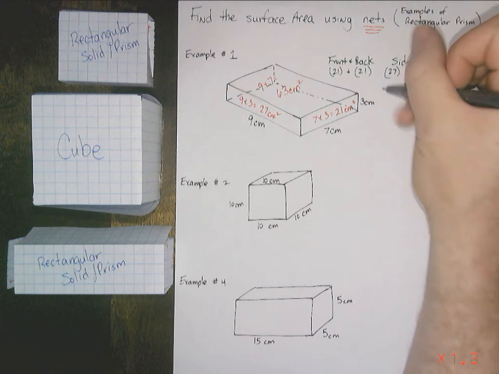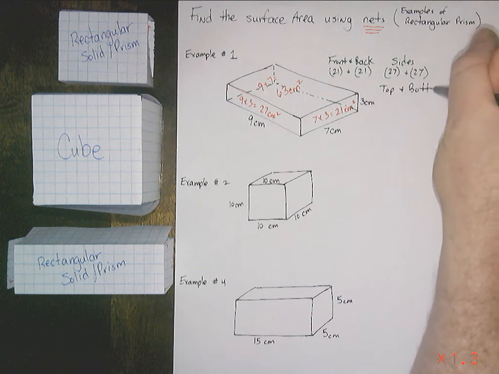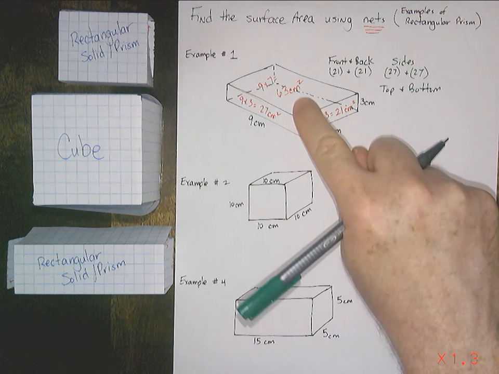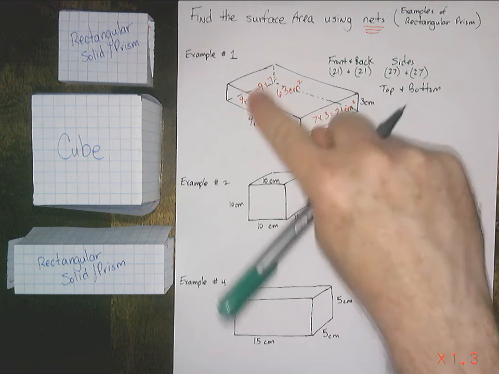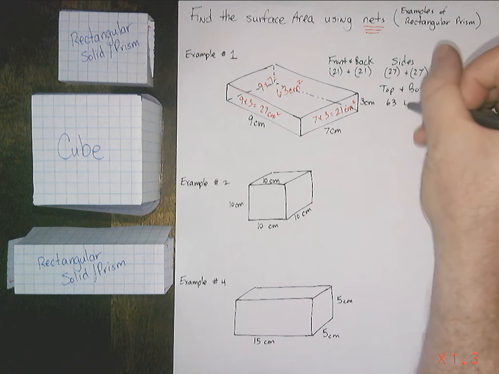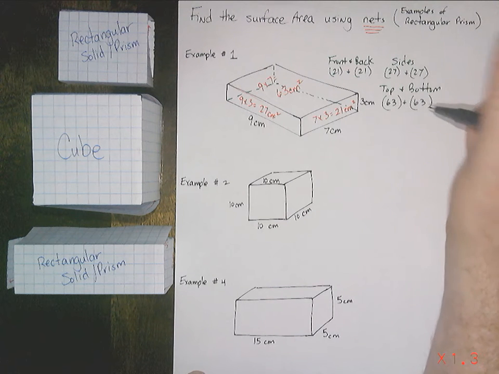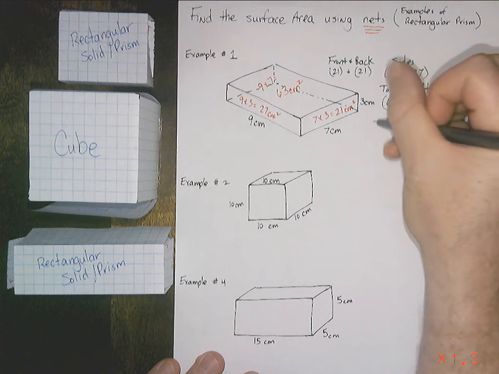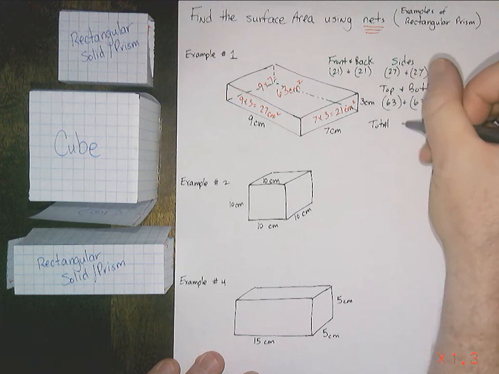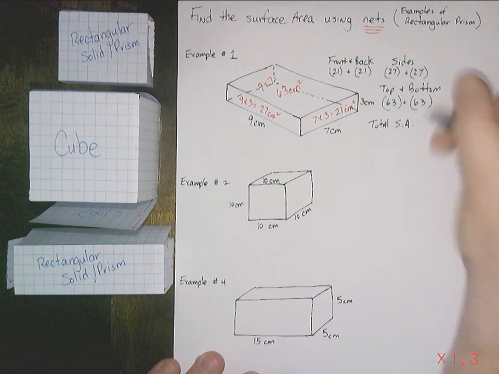And then the top and bottom are 63. So it's 63 on the top, and on the bottom it's also going to be 63. So when you add these all up, you should get your total surface area. I just put SA for surface area.